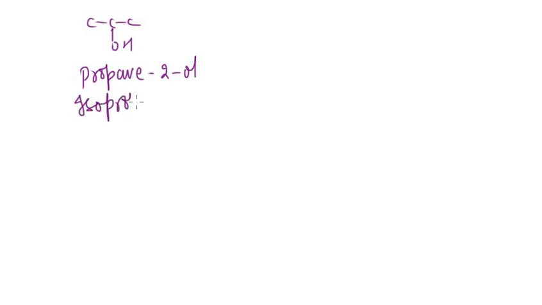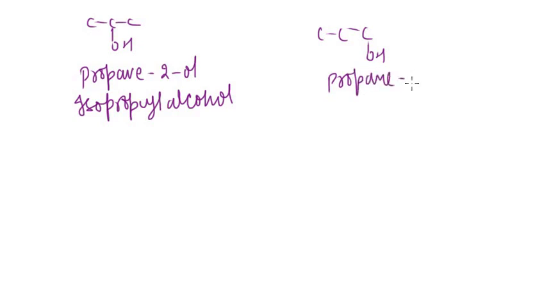Now if I see this name, CH3CH(OH)CH3, it is propan-2-ol, or we can call it isopropyl alcohol, 1 2 3. Propan-1-ol is normal propyl alcohol.